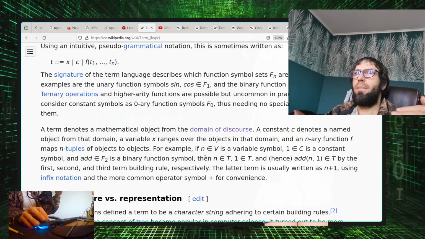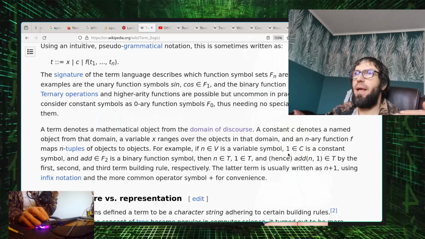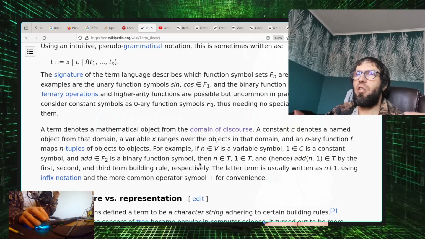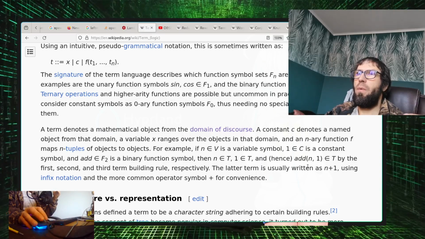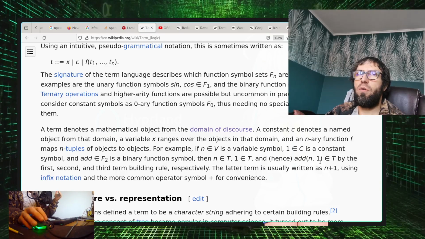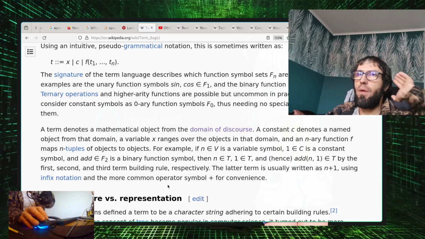For example, if n is a variable symbol and 1 is a constant symbol, and add is a binary function symbol, then we can say that add(n, 1) can also be built by the first, second, and third rules.